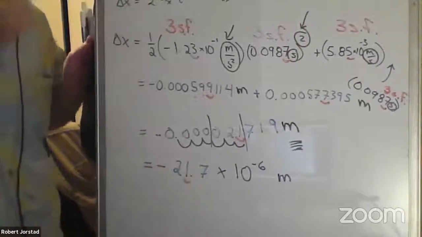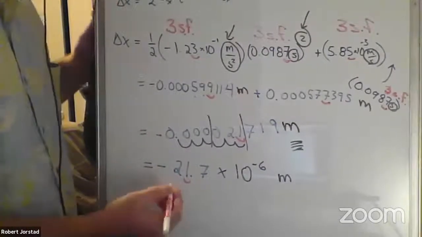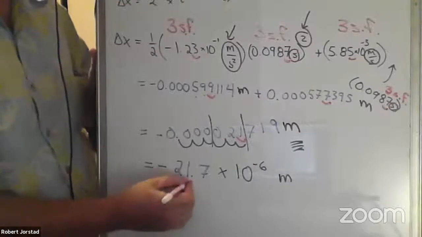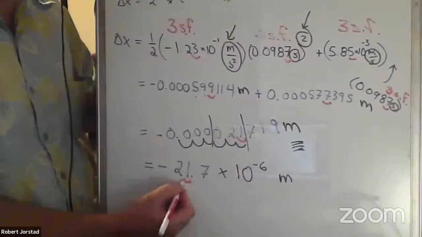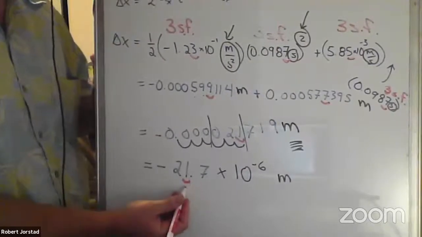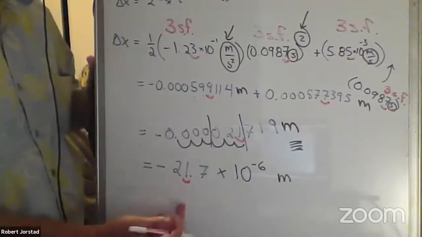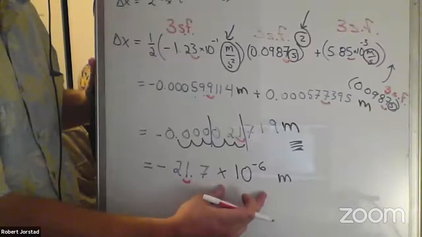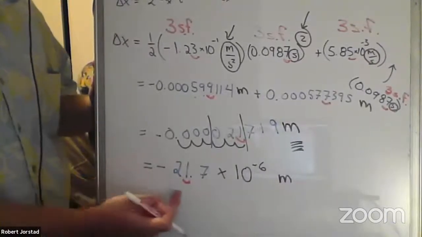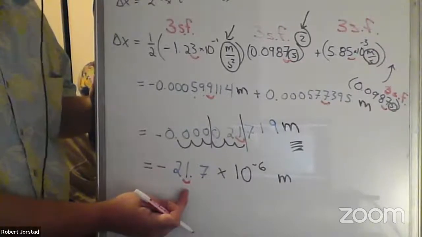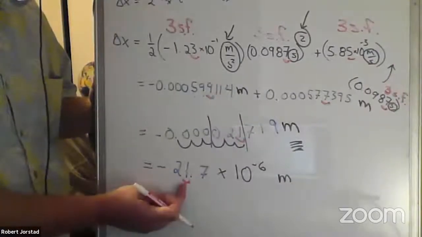There we go. Okay, so what I did is I wrote 3 sig figs. I indicated that it should be rounded to 2. And now I've got this in engineering notation. I've got the units. So I've got the minus sign correct. I've got the number of sig figs clearly indicated with this underbar.